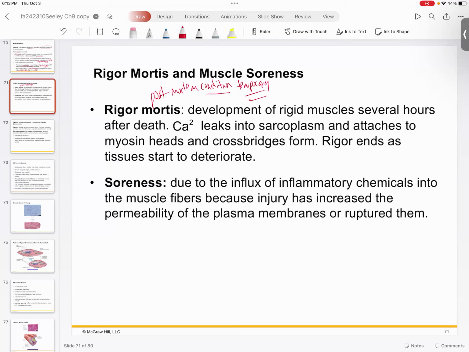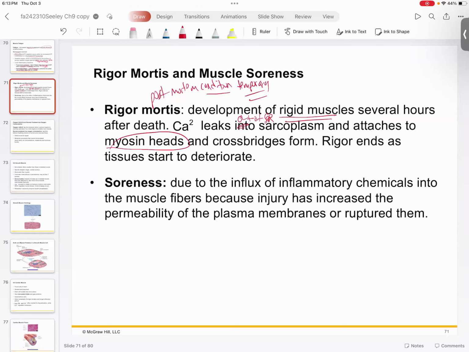This is essentially where you start getting rigid muscles several hours after death. And the reason for this is the calcium leaks into the sarcoplasm out of the sarcoplasmic reticulum, the SR, and it basically attaches to the myosin and essentially makes those cross bridges.